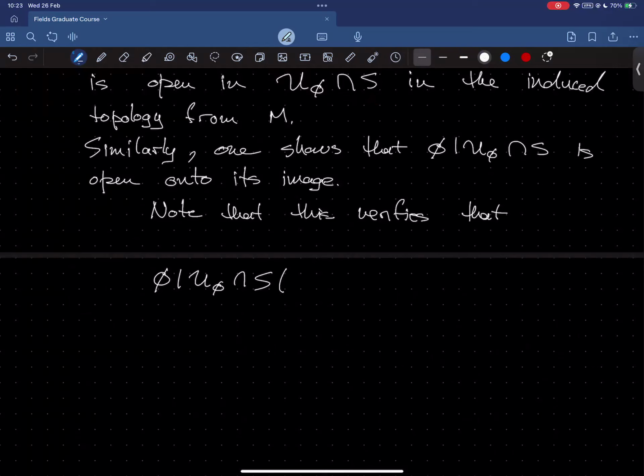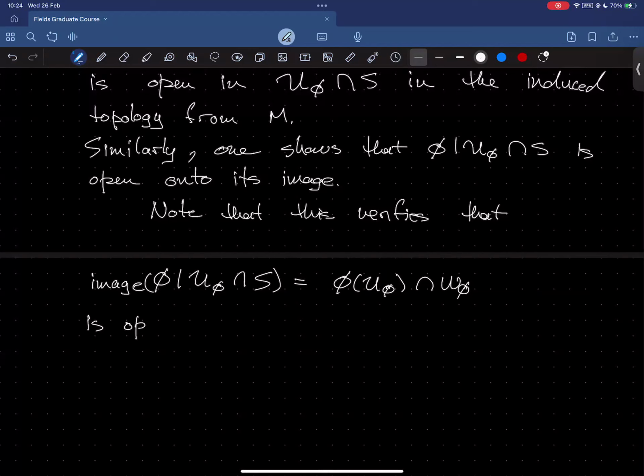Let me maybe instead write it like this. The image of this is equal to phi of U phi intersect W phi, which is open in W phi. And that's one of the things we need to be true for our proposed charts to be charts.